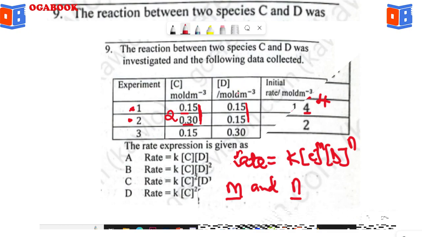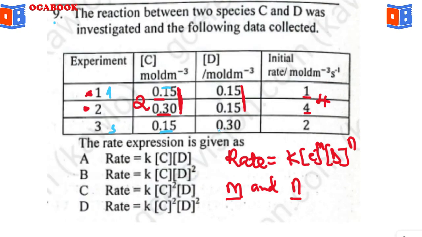Now, looking for D, we are going to take experiment 1 and experiment 3, where it is constant for C, 0.15, and it is varying for D. So we take 0.3 divided by 0.15, we're going to have 2 as well. We come here, we take 2 divided by 1, we're going to have 2.